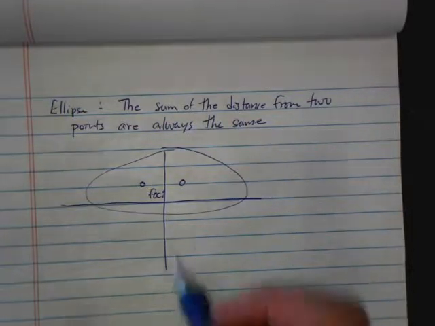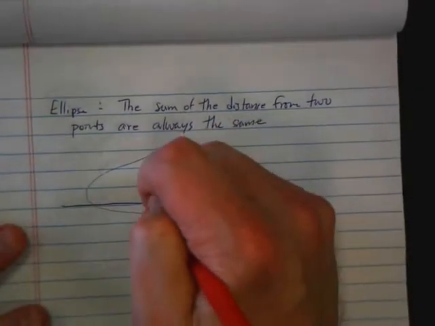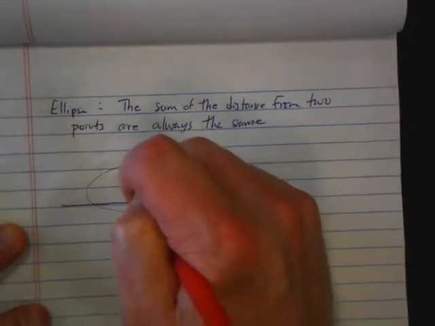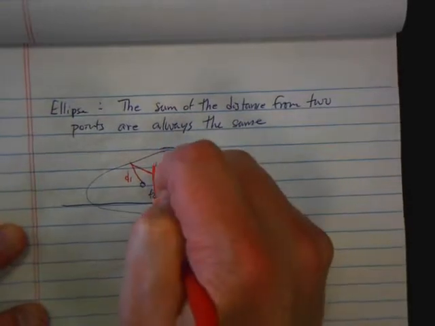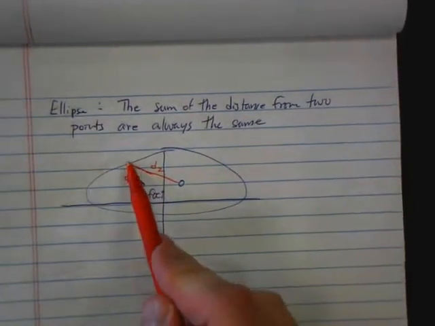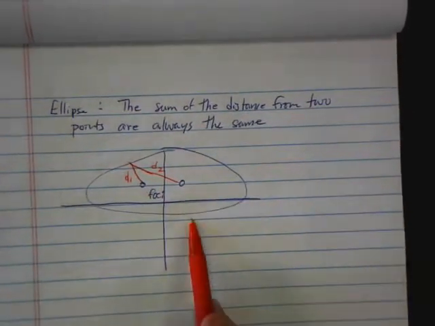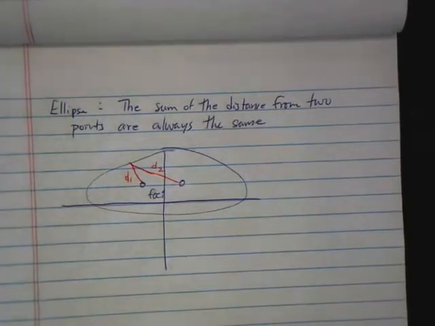So if I were to take this distance plus that distance, it would always be the same no matter where I drew my point on my ellipse. Do those foci always have to be either horizontal or vertical from each other, or can you have it skewed?